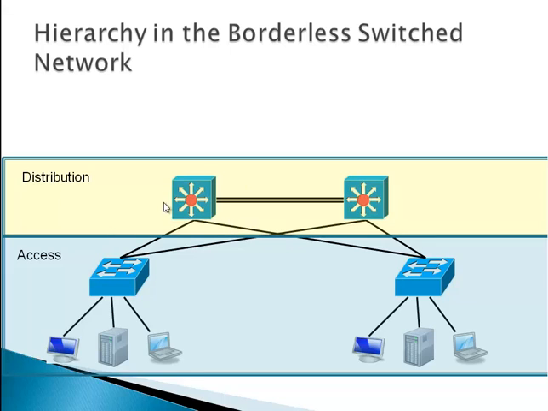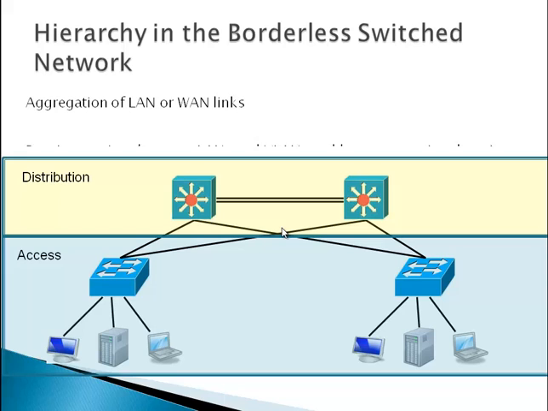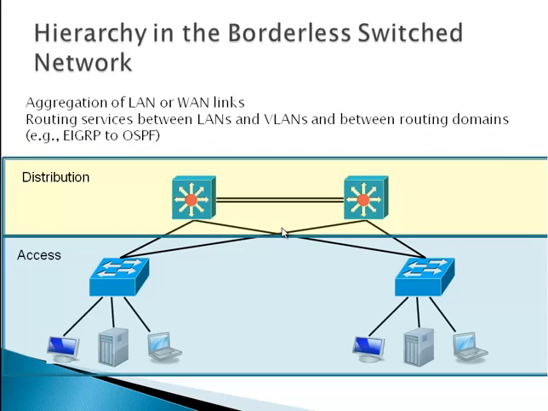In here, first of all, we have a connection to the access layer, and we can do routing for the network. So aggregation of LAN and or WAN links, routing services between LAN and VLANs, and between routing domains, for example EIGRP to OSPF and so on.